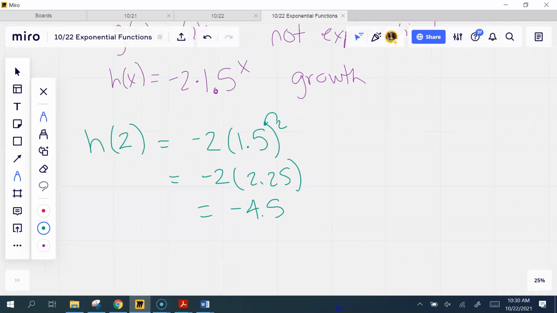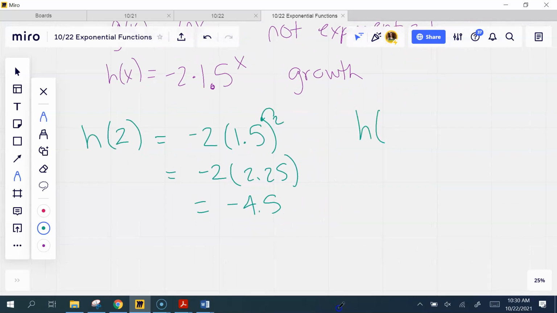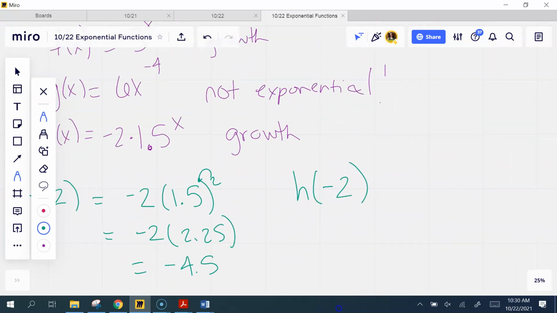What if I asked you to find h of negative 2? That's a good question. So if it was negative 2 to the x like that, this is the same thing as negative 1 times 2 to the x.